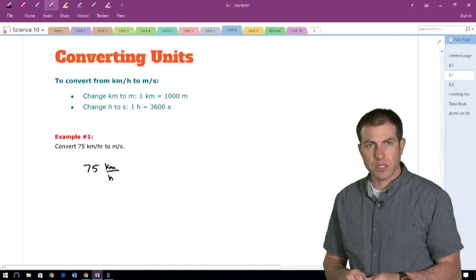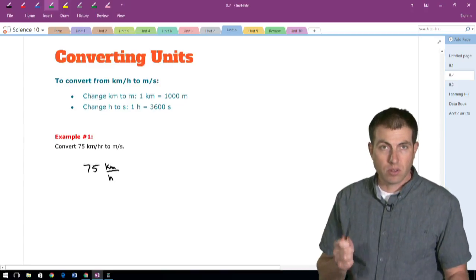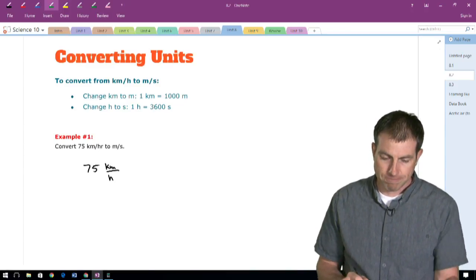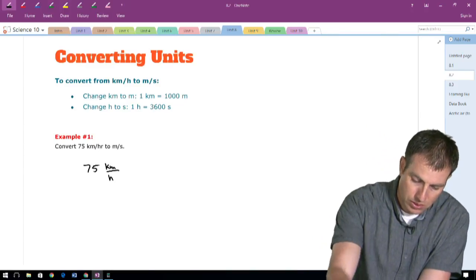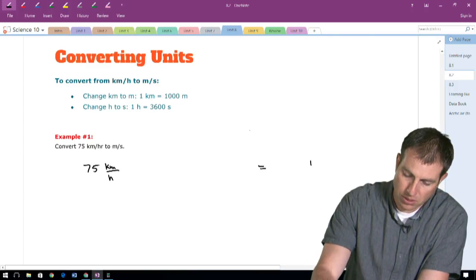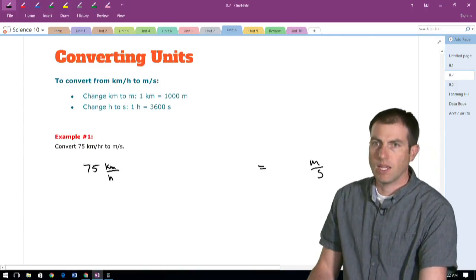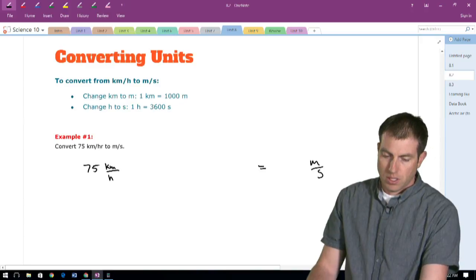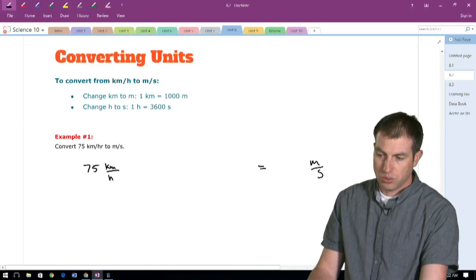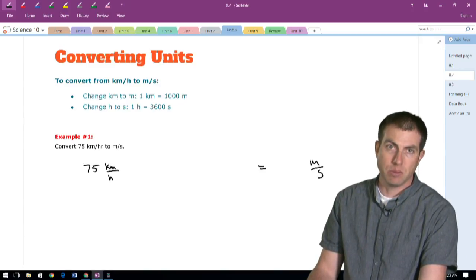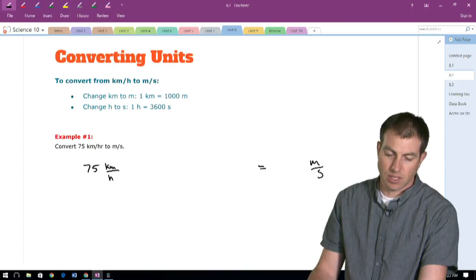All right, so the first example here asks us to convert 75 kilometers per hour into meters per second. The process for all of these questions is going to be essentially the same. It's always going to be 2 steps, and the tricky bit is getting the numbers in the right places.